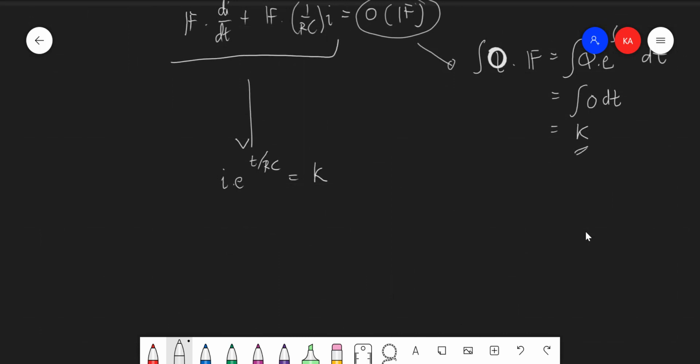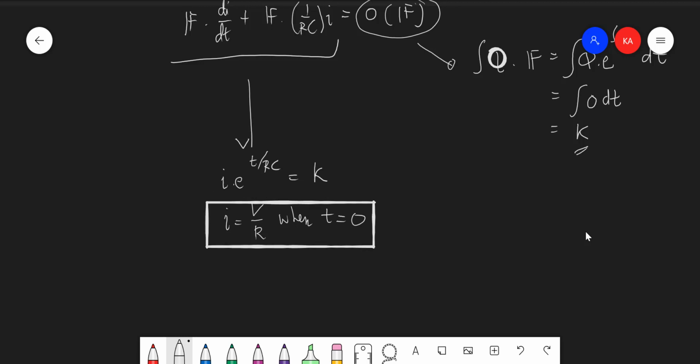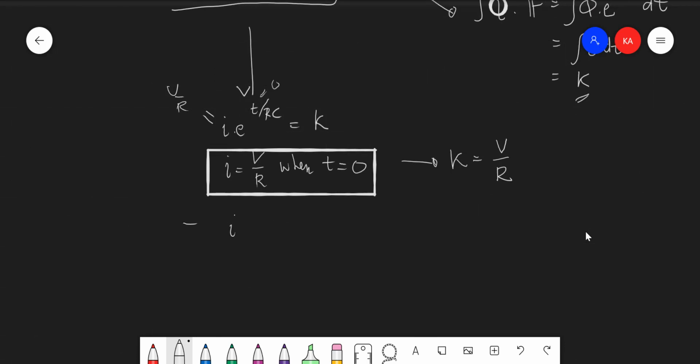Since i is equal to V per R when t is equal to 0, we got that k must be V per R. And then if we substitute back, we notice that i times e to the t per RC is equal to V per R. Solving this equation, we got that i is equal to V per R e to the minus t per RC.